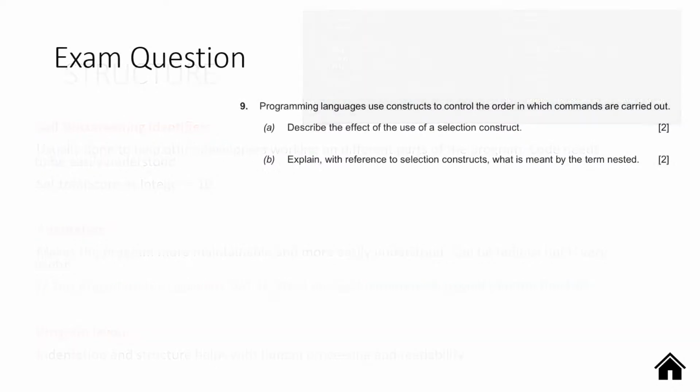So let's have a look at the question then. Programming languages use constructs to control the order in which commands are carried out. Describe the effect of the use of a selection construct. Okay, so the first thing I'd be talking about, just for this question, it's only worth 2 marks, is the fact that there is a logical condition.